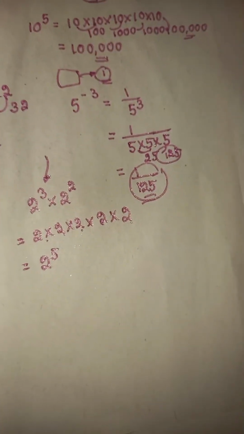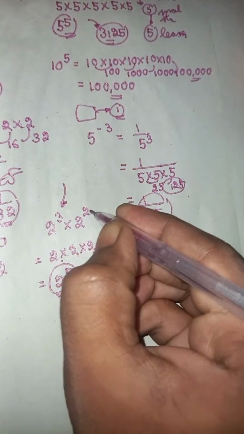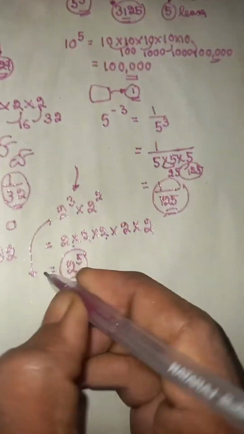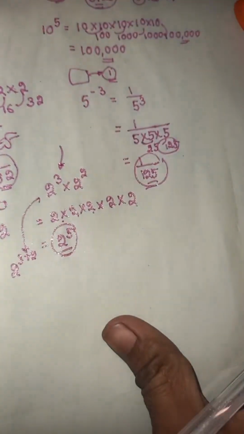So 2 cubed times 2 squared is 2 to the power of 3 plus 2, or 2 to the power of 5.